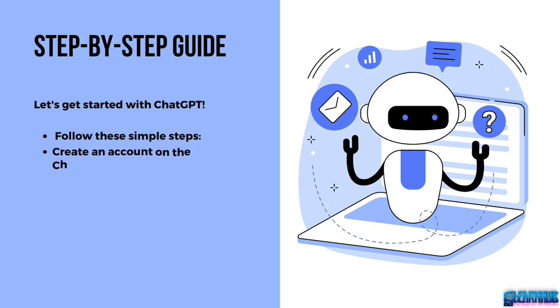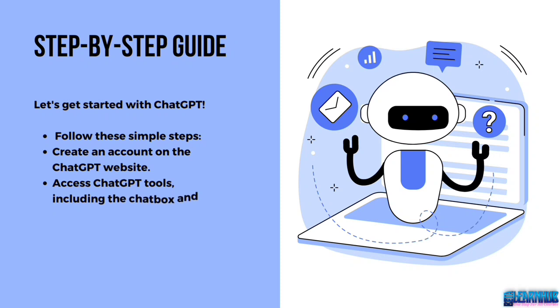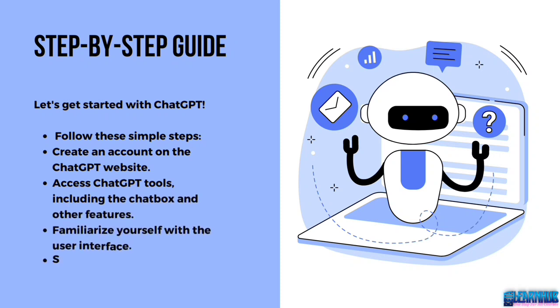Okay. First of all, of course, you follow some simple steps. You create an account on the ChatGPT website. You can access the ChatGPT tools, including the chat box and other features. I want you to get familiar with its interface and start exploring the functionalities.